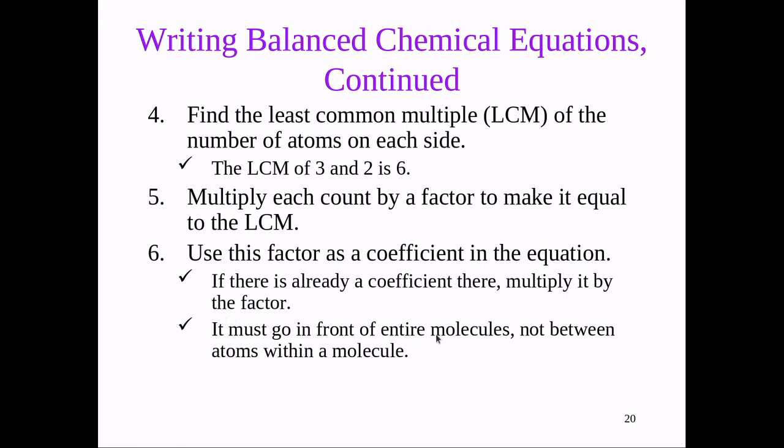It must go in front of entire molecules, not between atoms within a molecule. So you don't get to change the proportions within the molecule. You only get to have more or fewer whole molecules. So that probably was pretty confusing. Let's look at an example, and I think you guys will start to see how we're going to go about doing this.